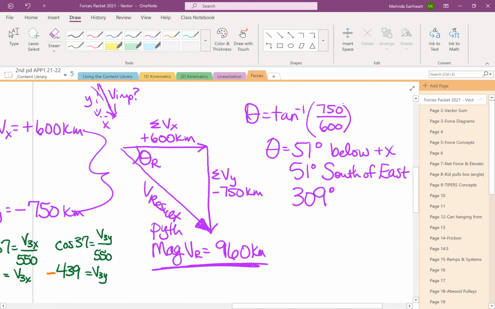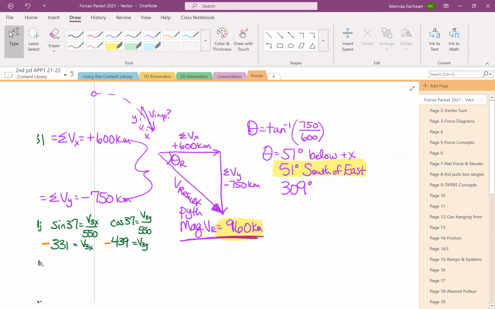And again, you're like, but that's not a right triangle. I know, it's the big angle reference. It's more of like a reference point. Everybody would agree 309 is in quadrant 4, right? Either way, I tend to stick with, here's my magnitude, and then I'm okay with compass directions. But you could also say below positive x. Everybody good?